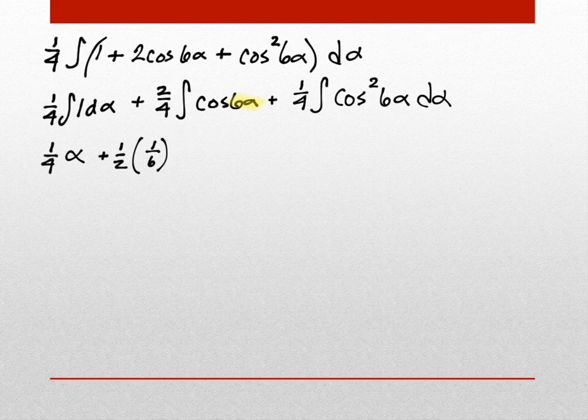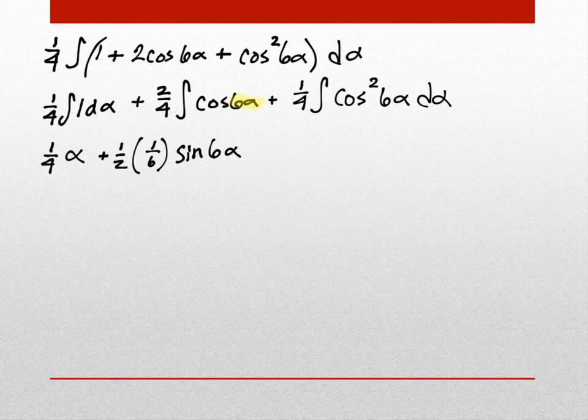That's what u substitution really is, the inverse of the chain rule. If I took the derivative of 6u, it'd be 6, so I do the antiderivative, I get the dividing by 6 part. And then what's the antiderivative of cosine? It's sine. So this is sine of 6 alpha. So that's the piece right there.